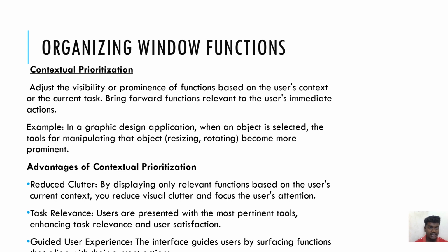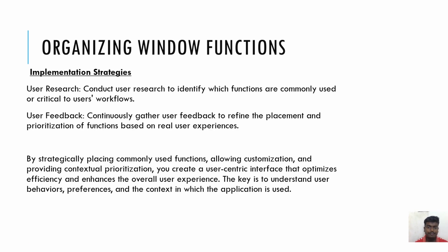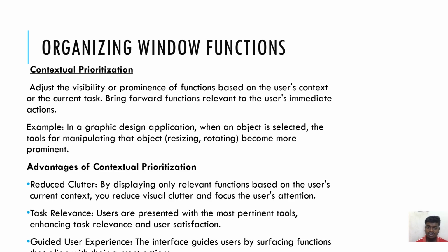Contextual prioritization: adjust the visibility or prominence of functions based on the user's context or the current task. Bring forward functions relevant to the user's immediate action. Advantages of contextual prioritization: reduced clutter, task relevance, guided user experience.